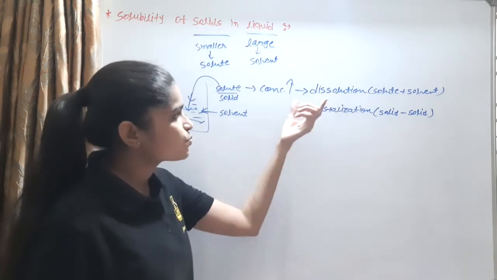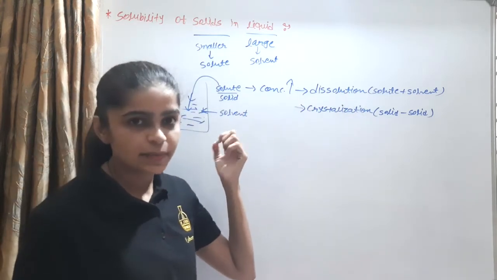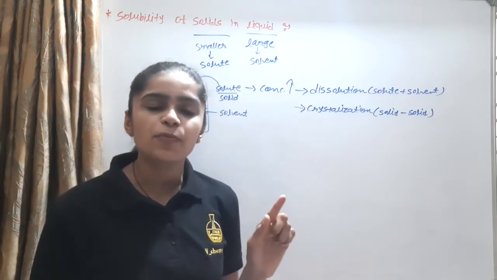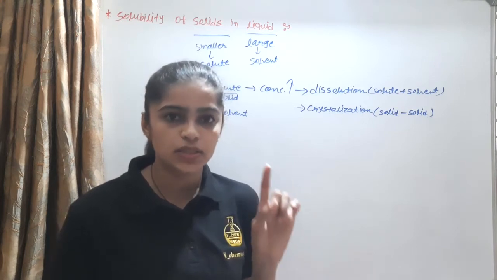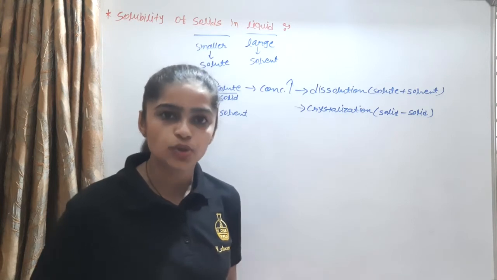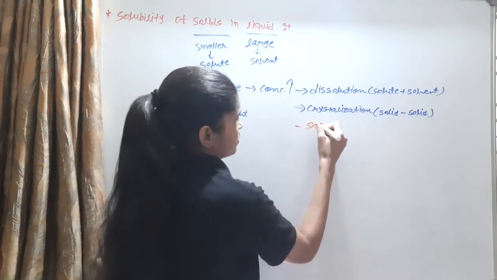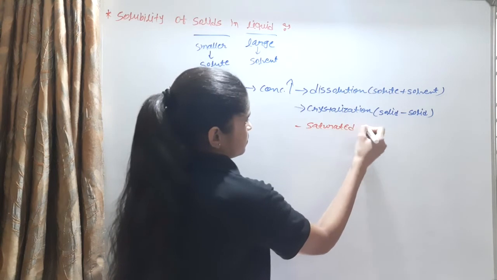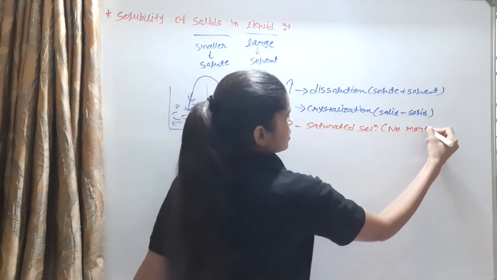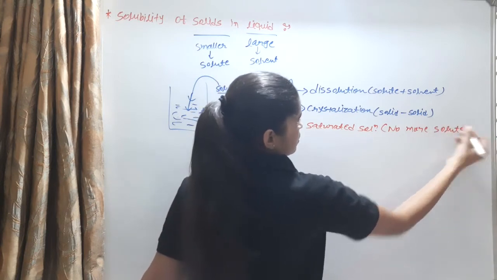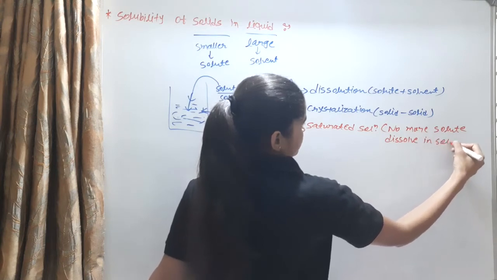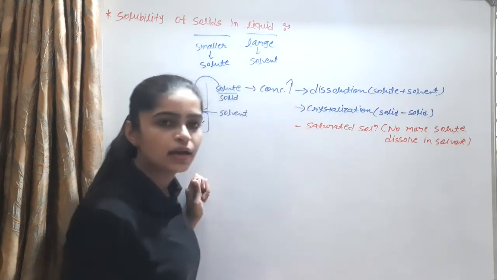When the dissolution process continues, the solute dissolves in the solvent. But at one point the solute does not dissolve in the solvent any more; that point at a given temperature is known as the saturated solution. A saturated solution means no more solute dissolves in the solvent.